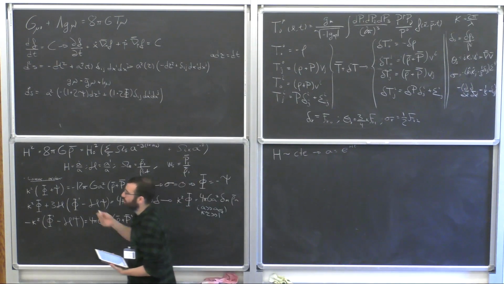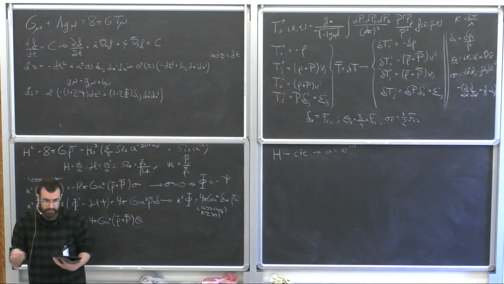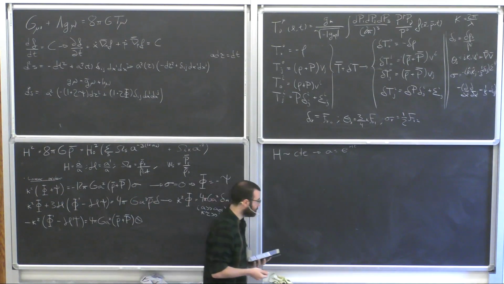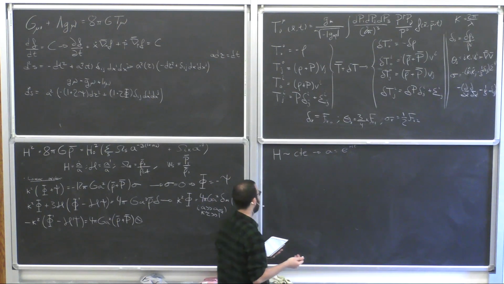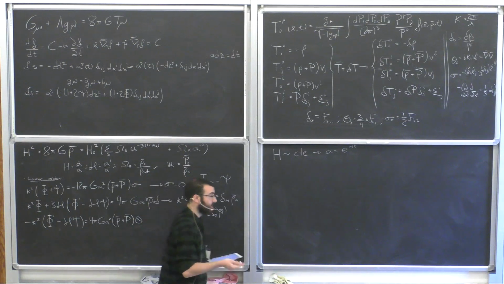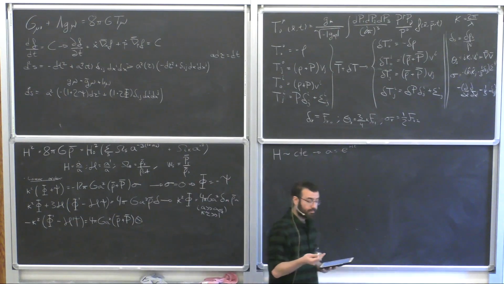And that's why some people talk about single field slow roll inflation as having a single clock for the evolution of the universe. And that's why this kind of inflation predicts only the generation of adiabatic perturbations.